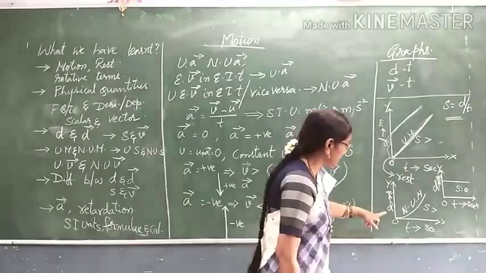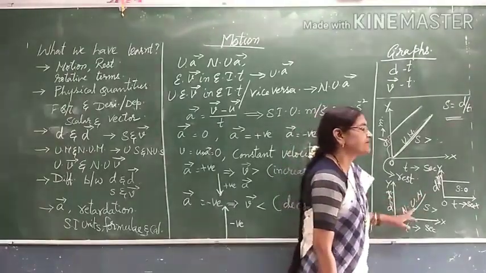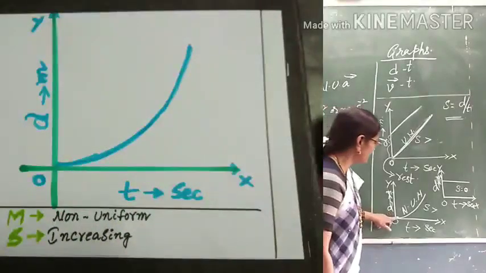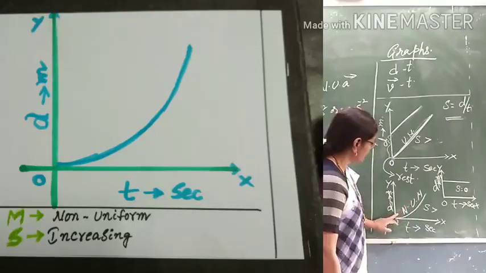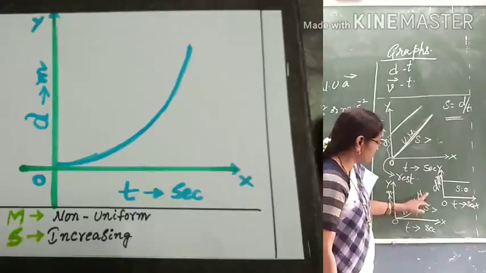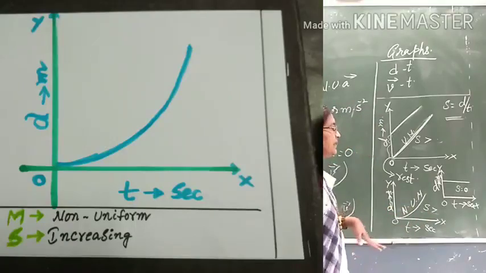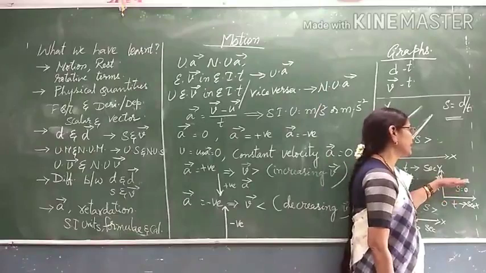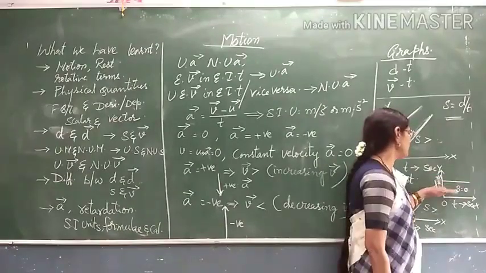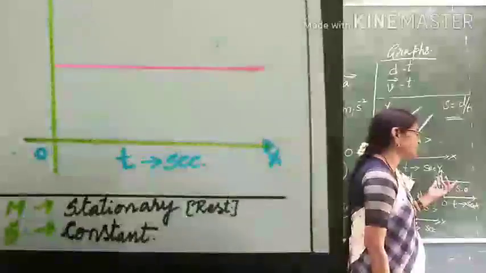Now coming to the next graph, it is not a straight line. That means non-uniform motion. It is covering unequal distances in equal intervals of time. When the graph is parallel to the x-axis, time is passing but the distance covered is nothing.